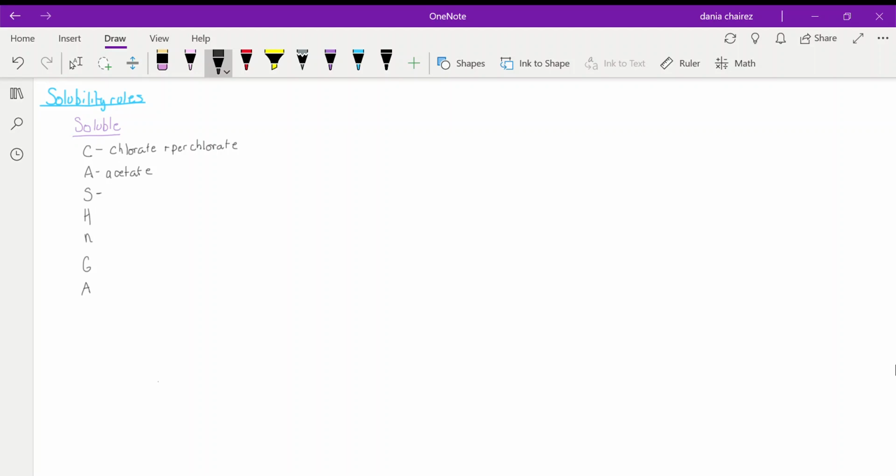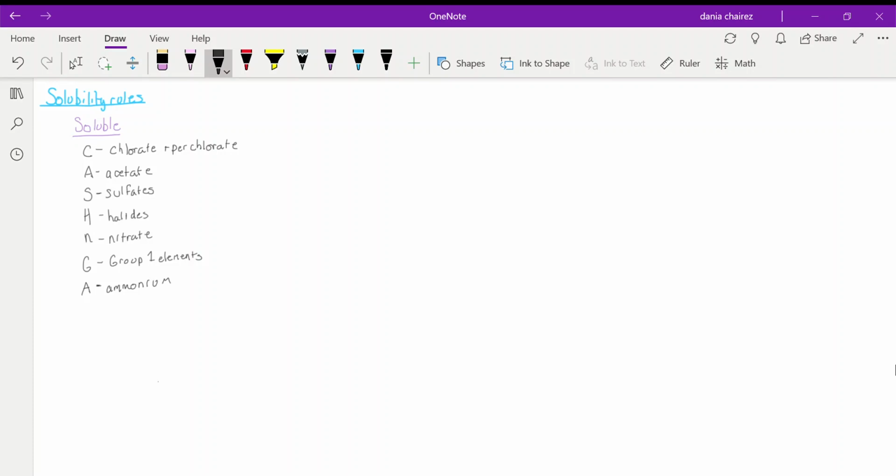Your S stands for sulfates. Your H stands for halides. Your N stands for nitrate. Your G stands for group 1 elements, which just means all the elements in the first column of the periodic table. And then your other A stands for ammonium.